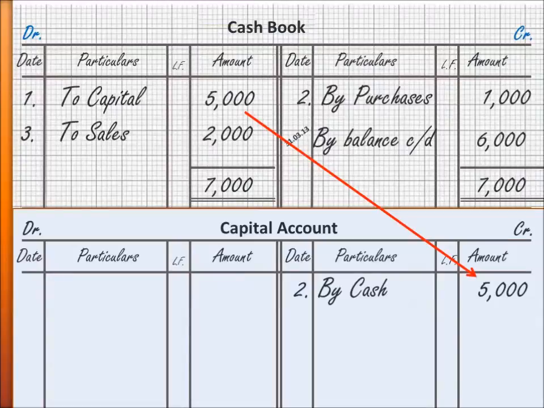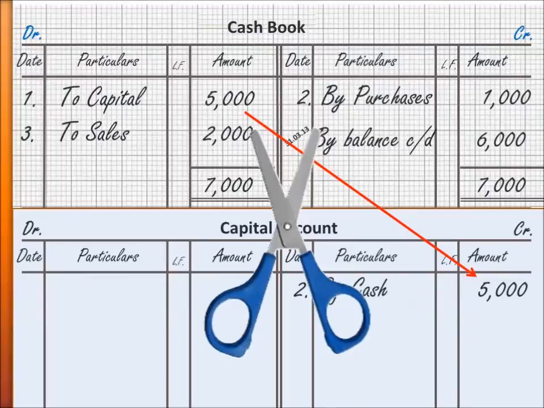It means capital account has been credited. So capital account will be credited by rupees 5,000 in the ledger posting. To credit the capital account means to write down the amount on the credit side of the capital account, that is rupees 5,000. So you can say this is just like scissors style. Debit item will go to the credit side and credit item will go to the debit side.